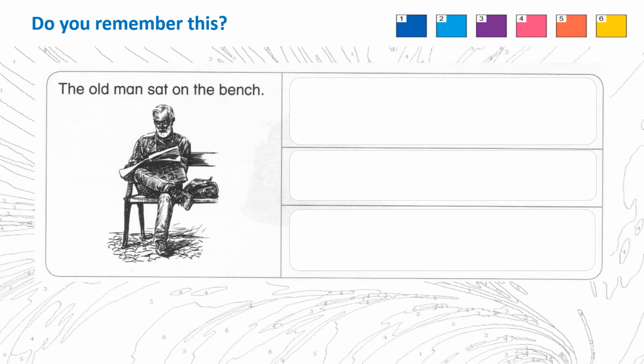Do you remember this from, I think it was our second ever lesson this year, where we had a simple sentence like the old man sat on the bench. And with this, we needed to create atmosphere. So we added one more sentence to show what it felt like for the man to be sitting there.